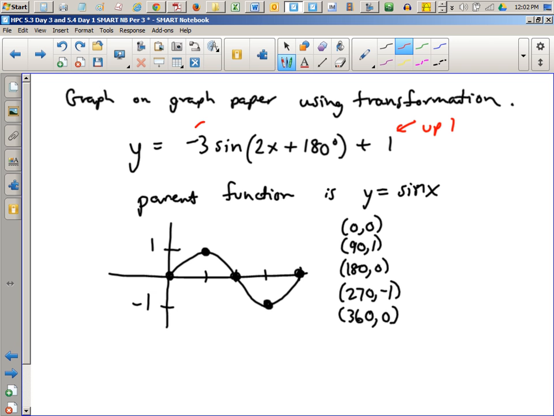What does the negative here mean? Is that the upside down flip or is that the backwards flip? This is reflection over the x-axis, okay, because it's going to be upside down. Negative on the outside means upside down. So reflect over the x-axis.